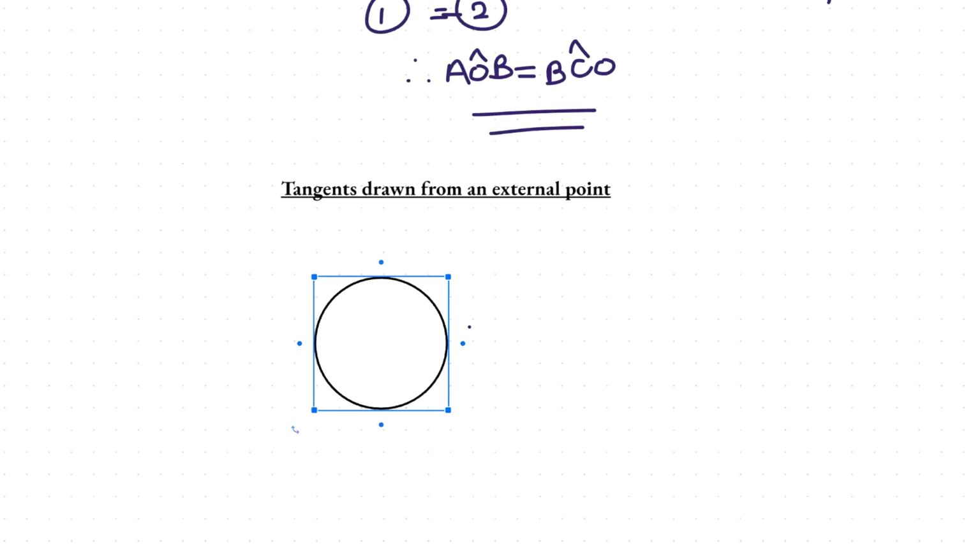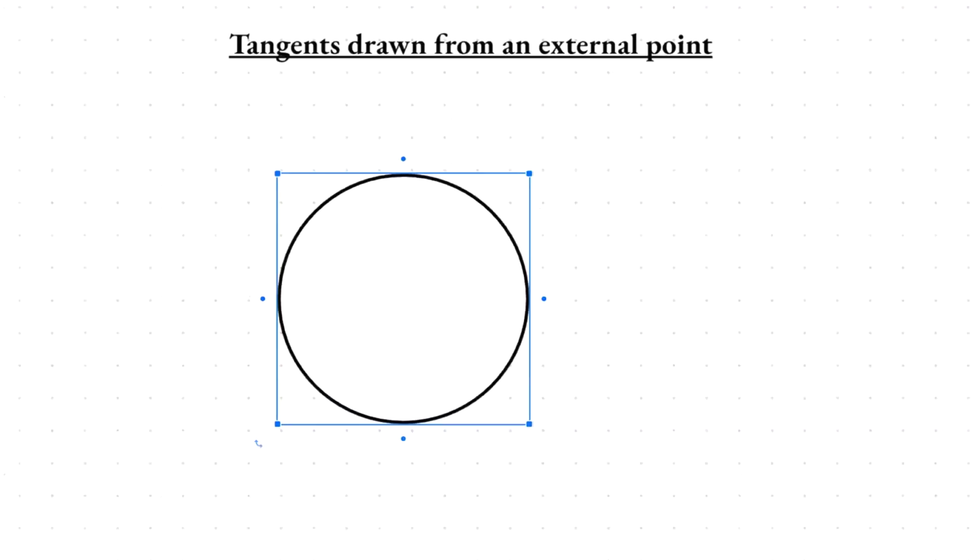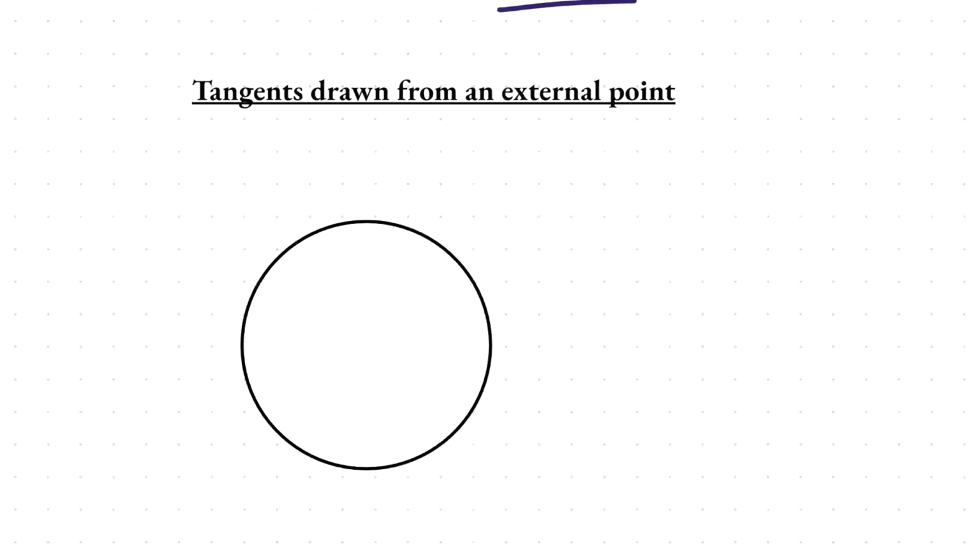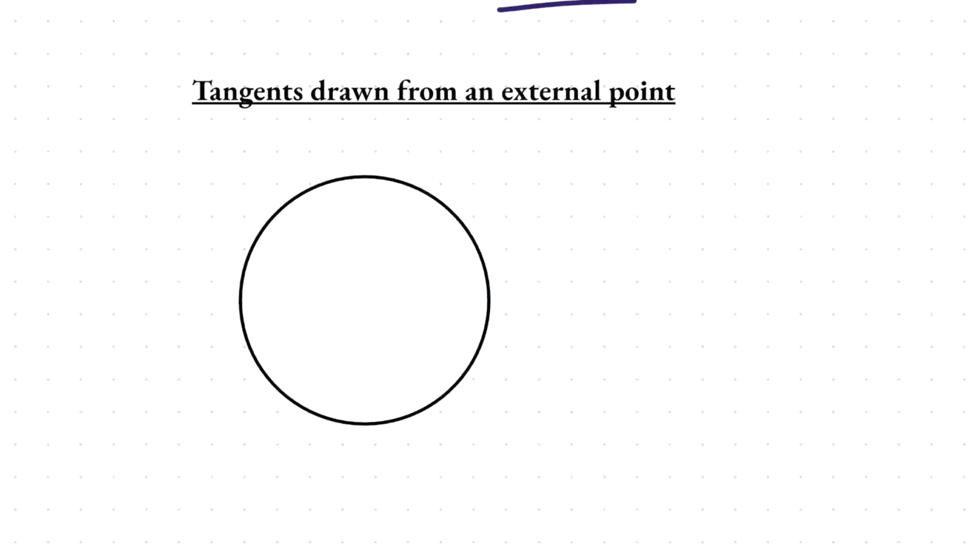What does this mean? Let's say I have my circle like this. This is my circle. Here I mark a point. This is an external point, just some external point.